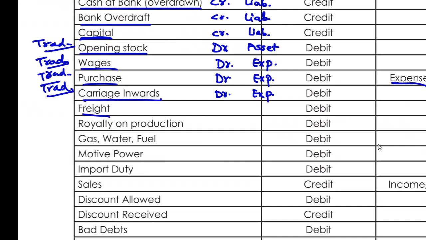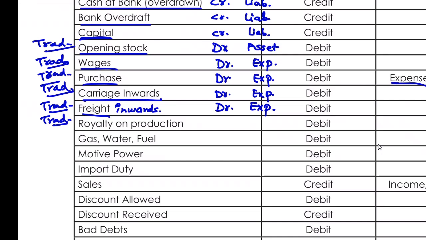Freight, if it is freight inwards, is the transport payment which we have made for transportation of goods from one place to another. So this is also debited. Royalty on production. What is royalty?